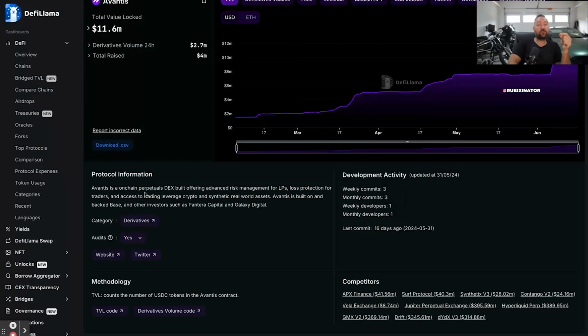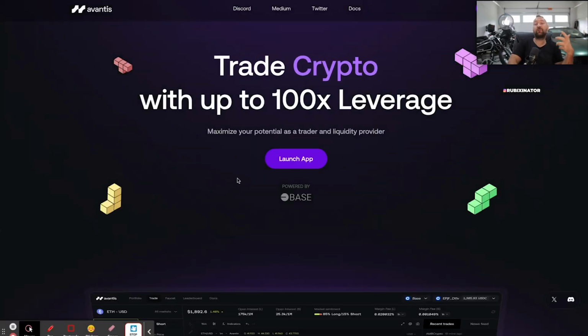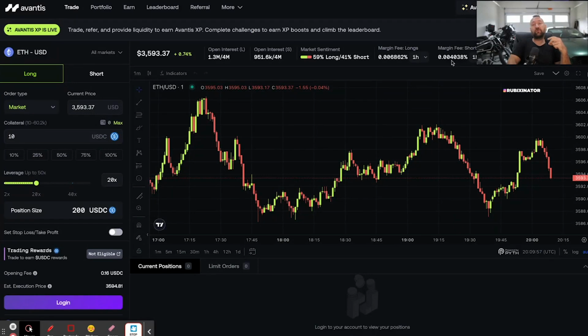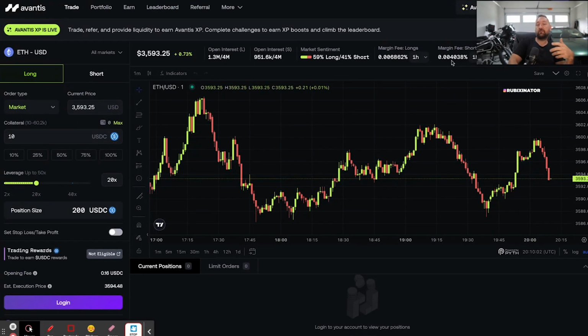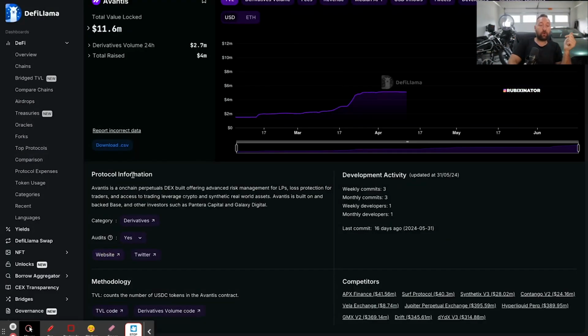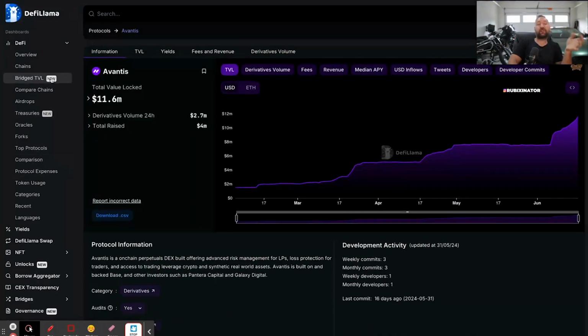Avantis is an on-chain perpetual DEX offering advanced risk management, etc. I could go on the website and I could start my research. So if you're familiar with something like a GMX, you can see the similarity here. Perps over on Base, Avantis, and so on and so forth. You get the point. Don't want to look at any project specifically, but you get the point.